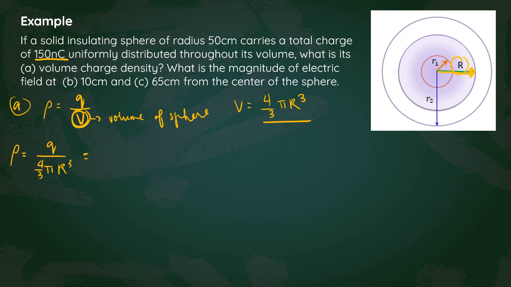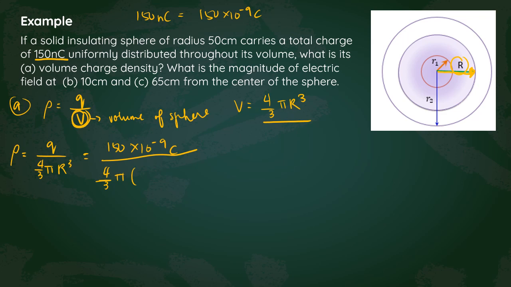Then we substitute our values. Since we have 150 nanocoulombs, we need to convert it into coulombs, and that is 150 times 10 raised to -9 coulombs, divided by 4/3 pi.